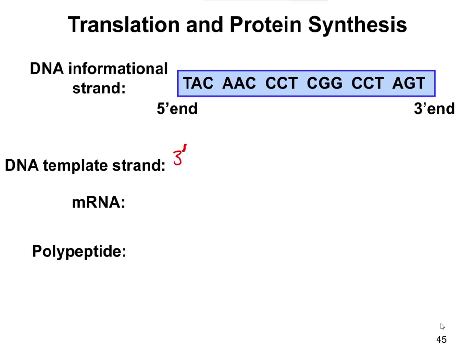So instead of 5' to 3', it's going to go 3' to 5'. And it's going to be the complement. So T goes to A, C goes to G, A to T, and so forth.